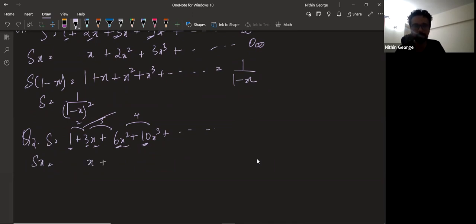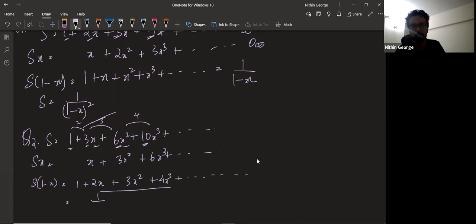So you get x plus 3x square plus 6x cube and so on. So S into 1 minus x is equal to 1 plus 2x plus 3x square plus 4x cube and so on. So we just found out that this sum is equal to 1 by 1 minus x, the whole square.